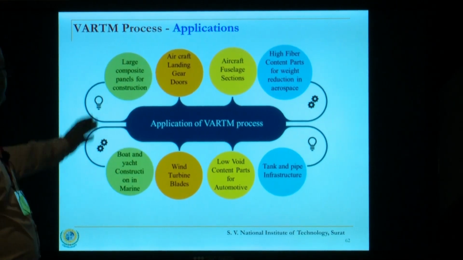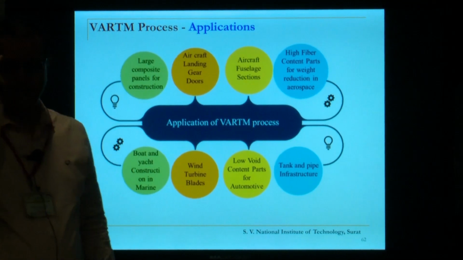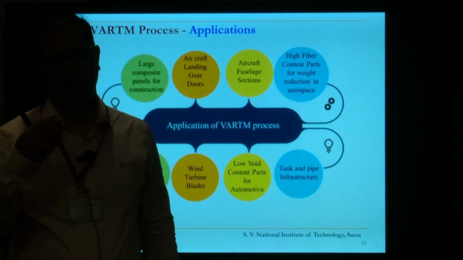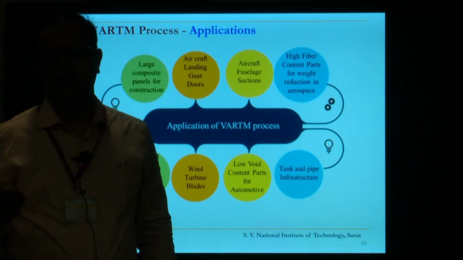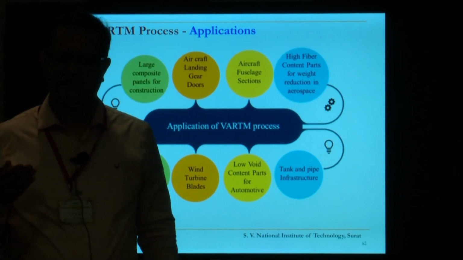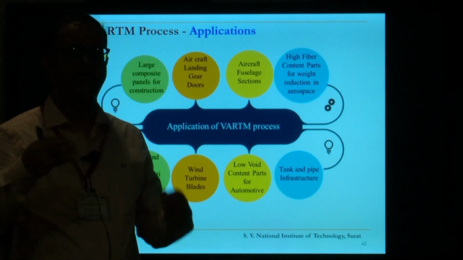Then you can make large panels. We attempted this when our student team was taking part, maybe in 21. 21 was COVID, right? So, in 21 they wanted to reduce the weight.